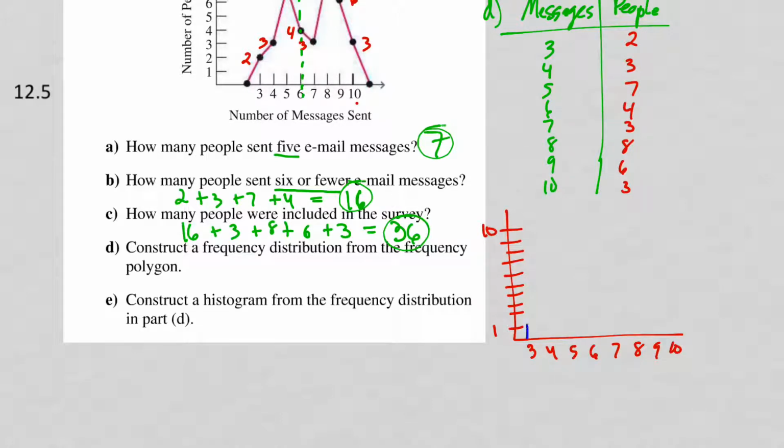So 3 is going to be 2. 4 is going to be 3. 5 is going to be 7. Actually, let me label this. So 1, 2, 3, 4, 5. So 7 is going to be up here.